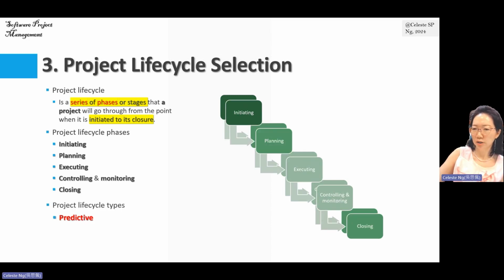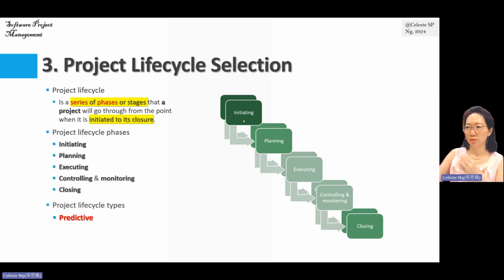Actually, there are various types of project lifecycle. The first one, as we can see in this diagram on the right hand side, is the predictive project lifecycle. In this kind of lifecycle, the phases are organized in a sequential order, in a rigid manner.